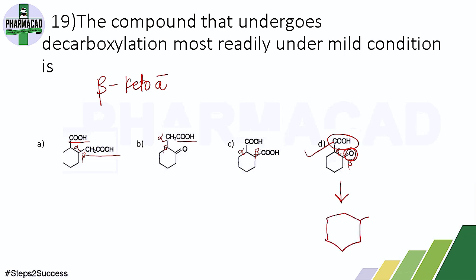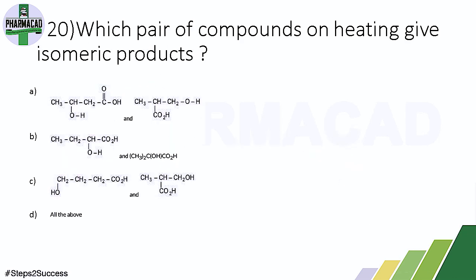Next question. Which pair of compounds on heating gives the isomeric product? First we will see this. On heating, the OH from this carbon and H from this carbon get removed, and we will get CH3, CH double bond CH, C double bond OH.